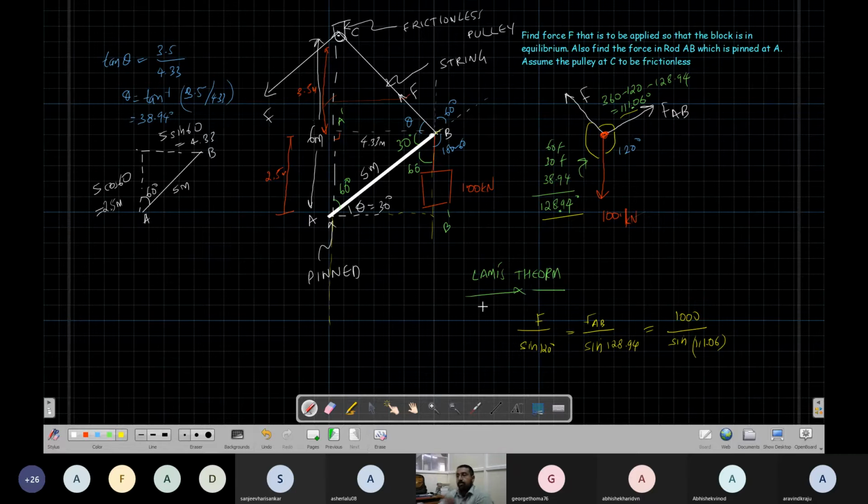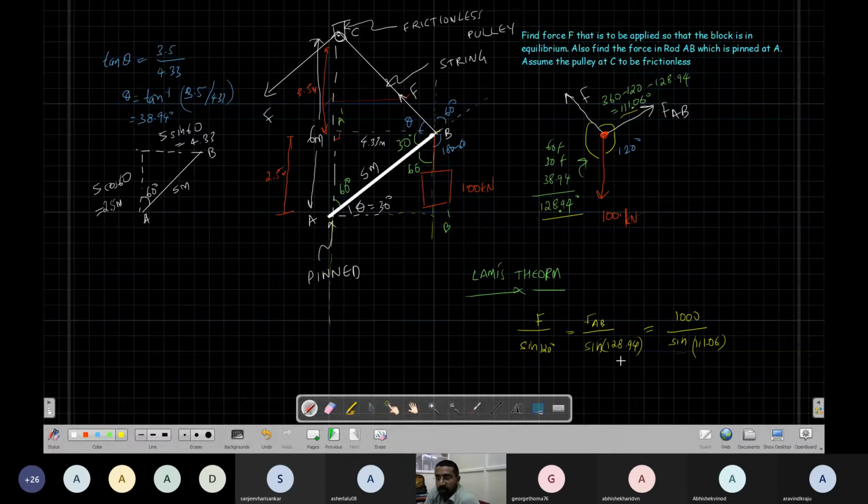So take these two. If you use these two equations, you know this, you know this, you know this, you don't know this, so you can solve this. Then you take this and this, or this and this. Then you know all three, and you should get the same answer.